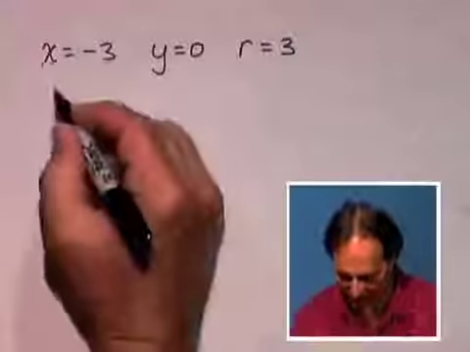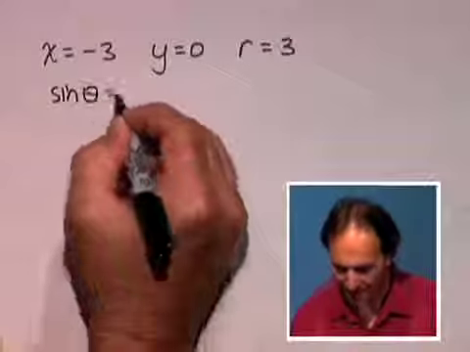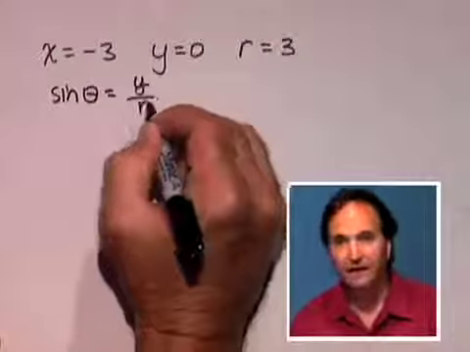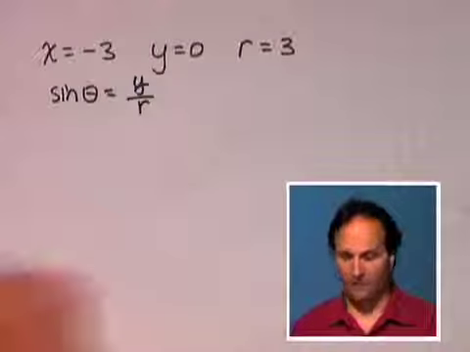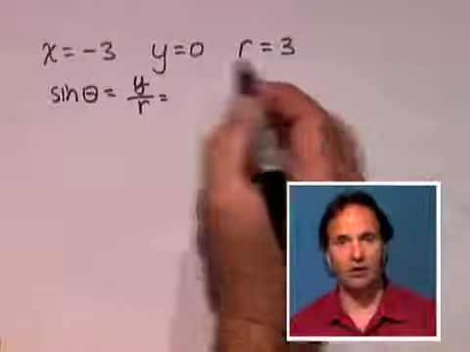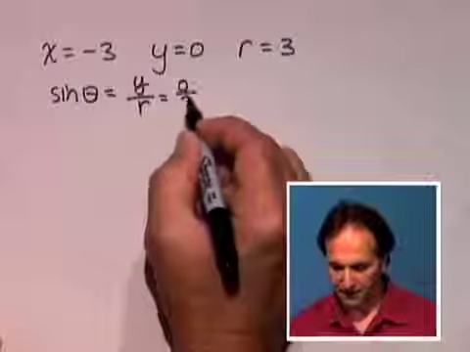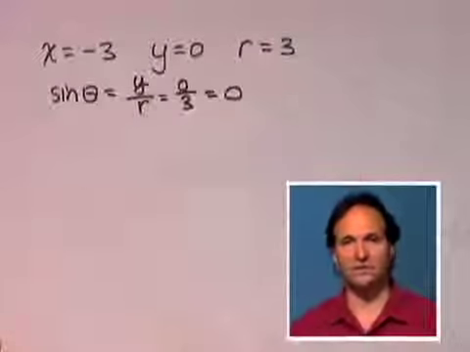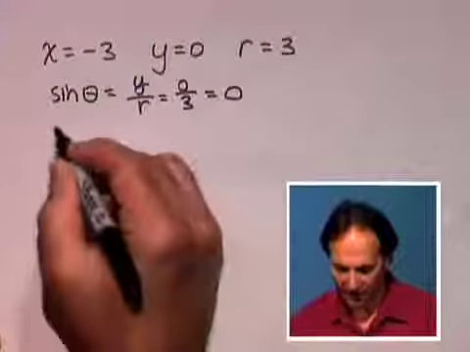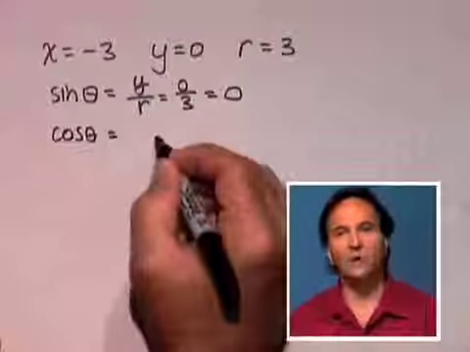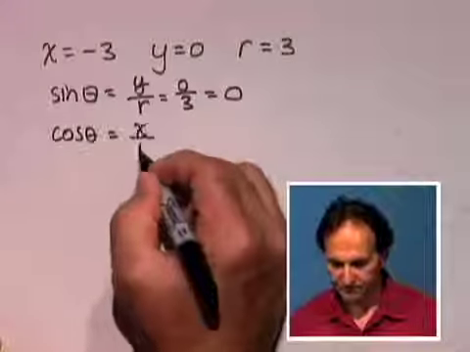I've transferred those values to a new page where we'll find the 6 trigonometric function values for that angle theta, starting with sine theta. Sine theta is equal to y divided by r. So in this case, y is 0, r is 3. 0 divided by 3 is 0. For cosine theta, it is equal to x divided by r.